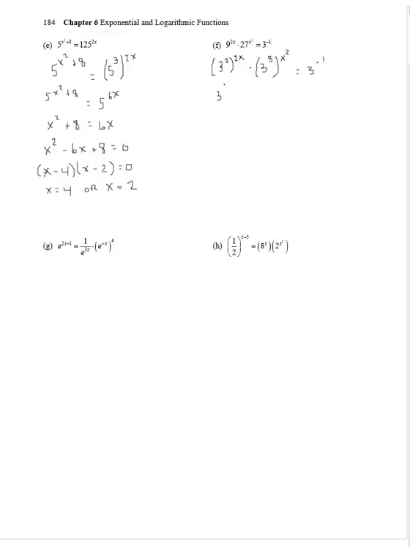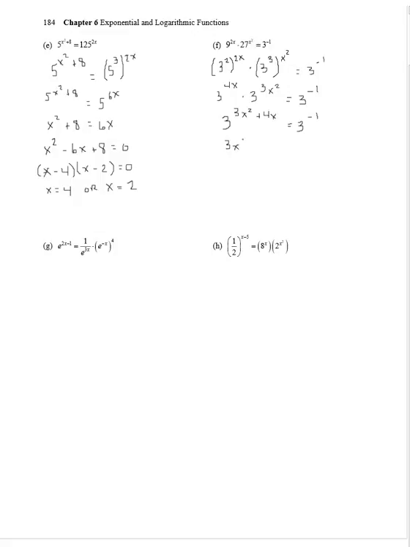So we have 3^(4x) times 3^(3x²) equals 3^(-1). Now applying the rule where we have same bases with different exponents multiplied, that's 3^(3x²+4x) = 3^(-1).